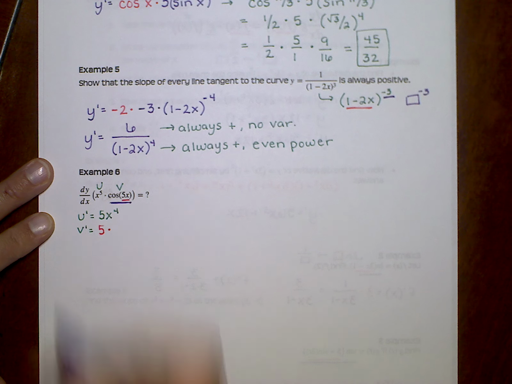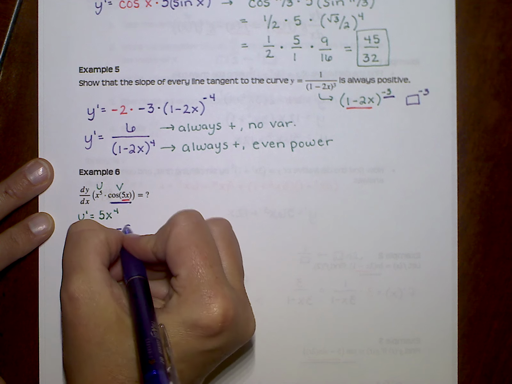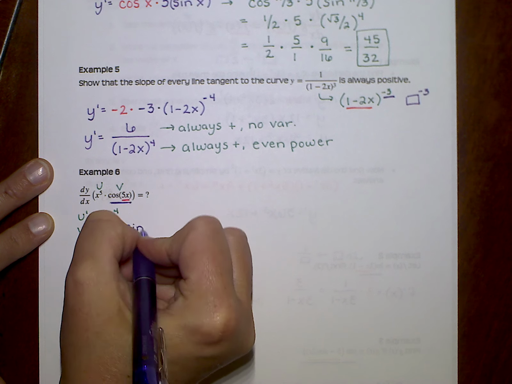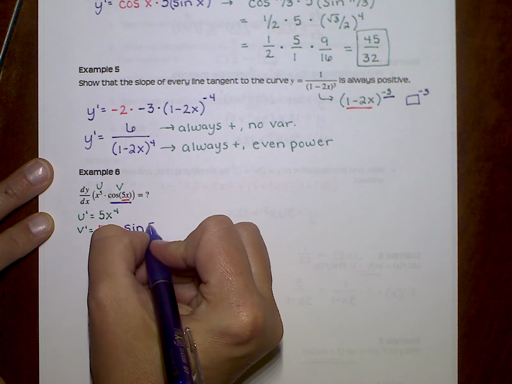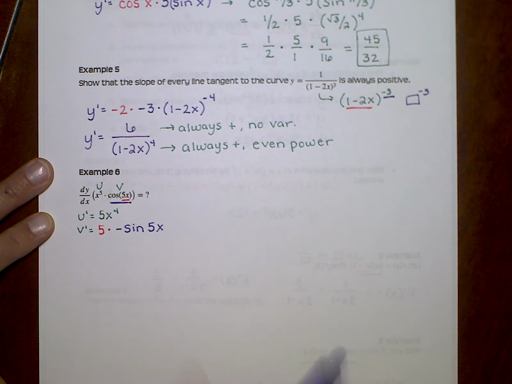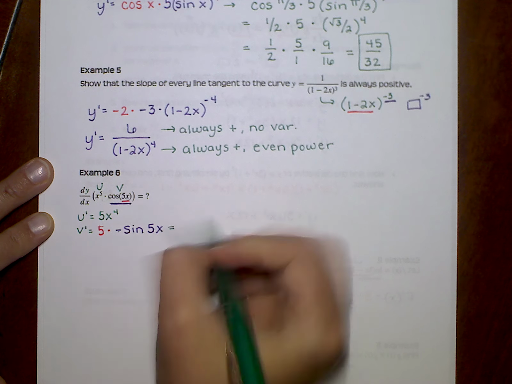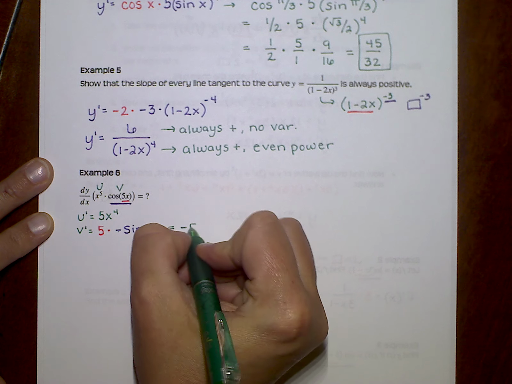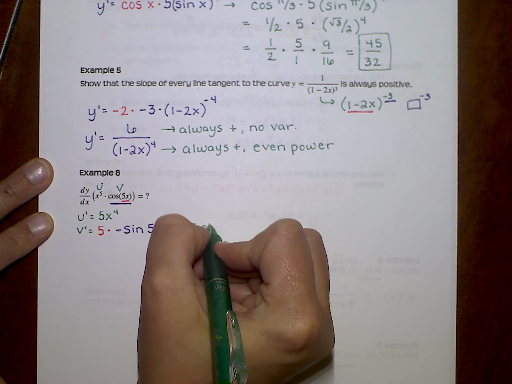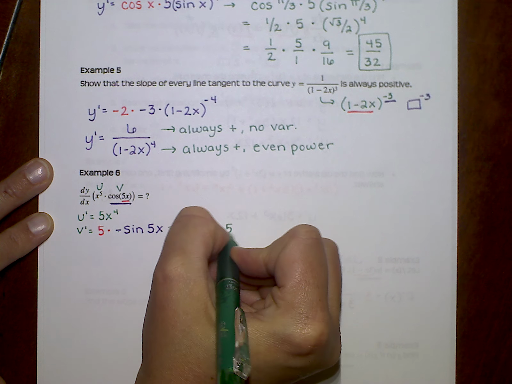And then the derivative of cosine is negative sine. And remember, when I do that, I leave the 5x alone. And just for the sake of cleaning this up and not confusing myself later, I'm going to rewrite this. I'm going to put the negative on the 5 and just make it a negative 5 sine of 5x.